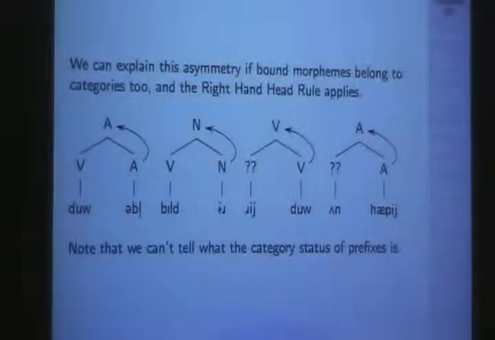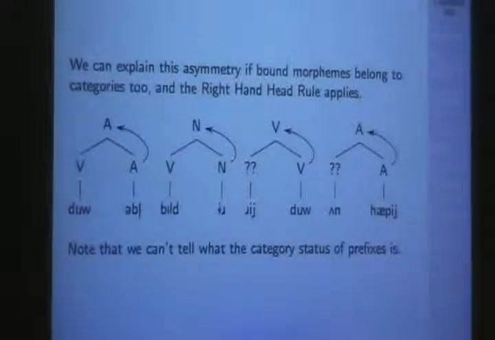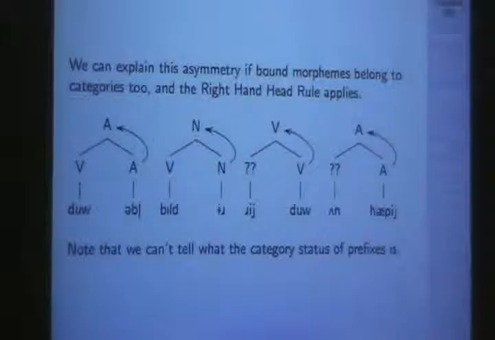So doable would be parsed. Here's those trees I was talking about before. Doable is made from these two morphemes. Able, our speculation, is an adjective. And because it's an adjective, so is the word that it heads. Er is a noun. And for that reason, so is the word here, builder, that it heads. Okay?